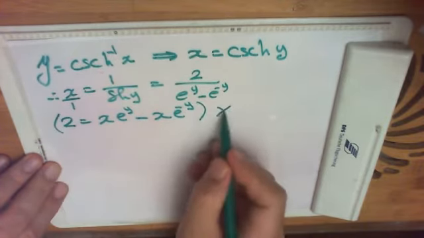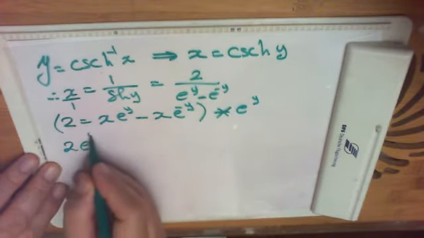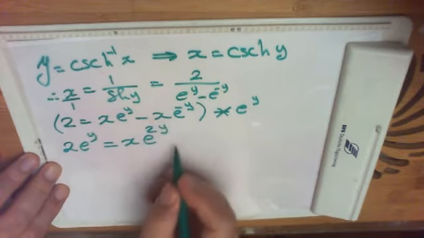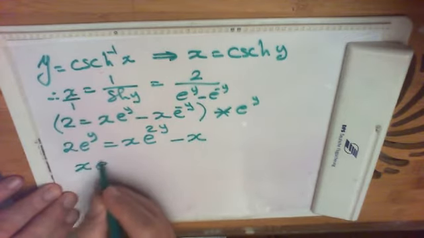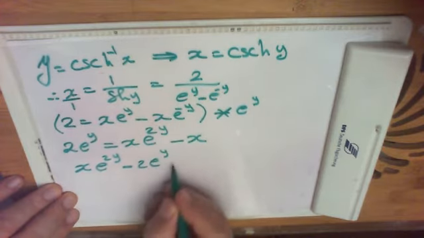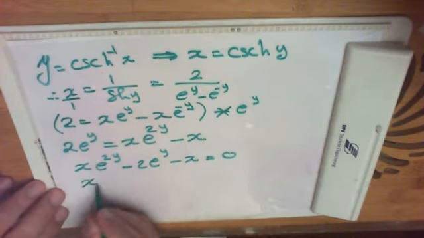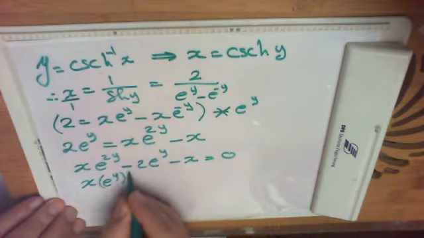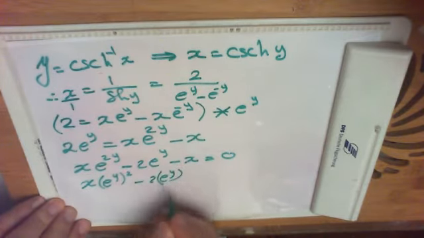Multiply both sides by e to y. This will be 2 e to y, this will be x e to 2y, and this will be x only. Putting everything on one side, x e to 2y minus 2 e to y minus x equals 0, which is x times e to y all squared, minus 2 e to y, minus x.